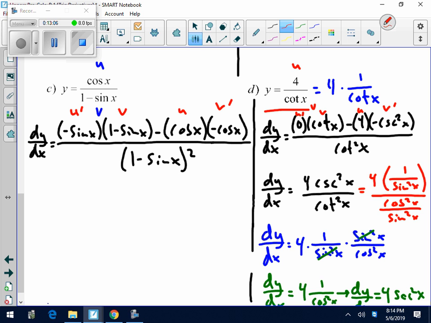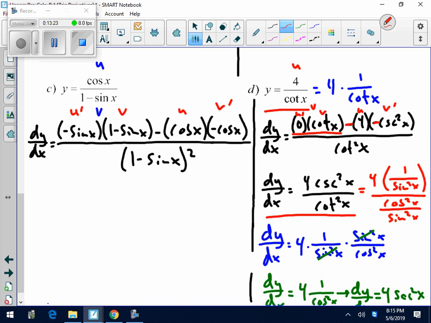And of course, this 0 times cotan becomes a 0 term, and our negatives cancel out, so we can think about this as 4 cosecant squared x over cotan squared x, and that would be good enough for the derivative, but we can also do more simplifying.